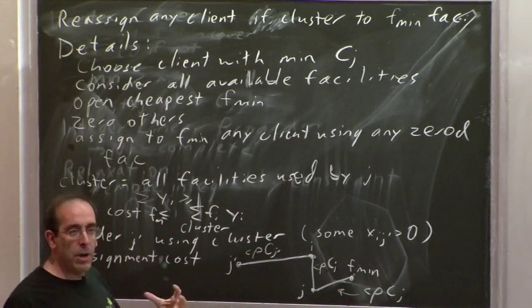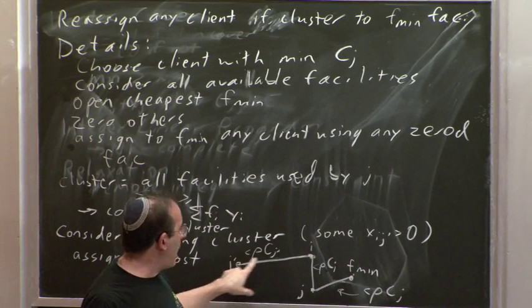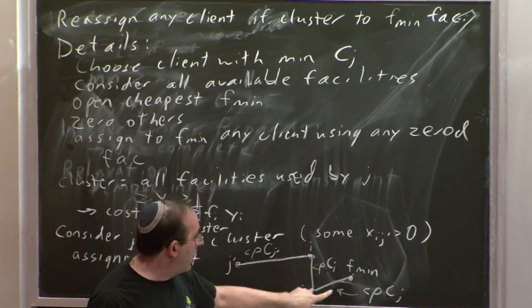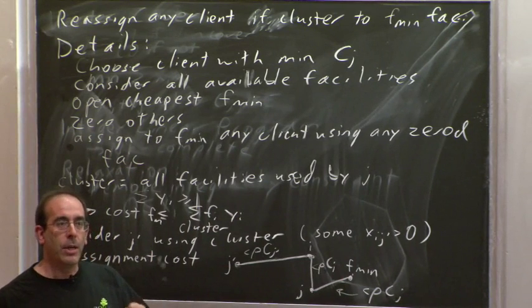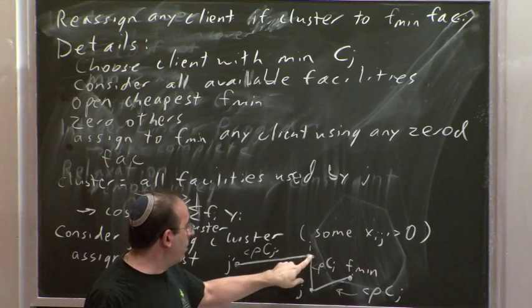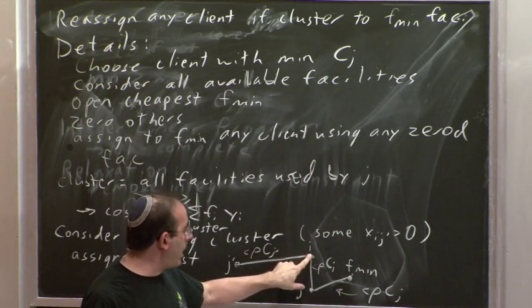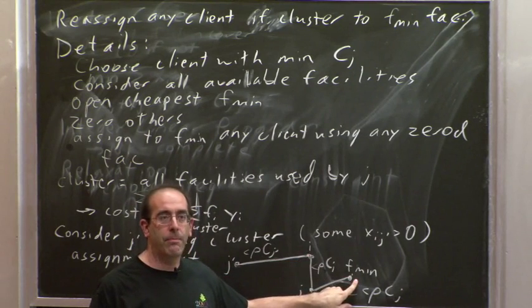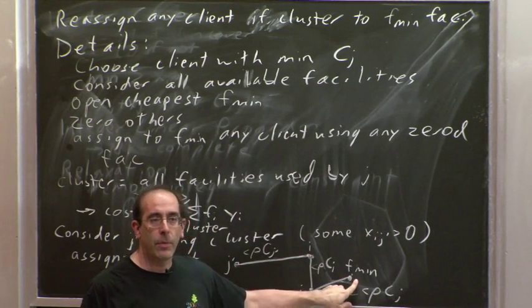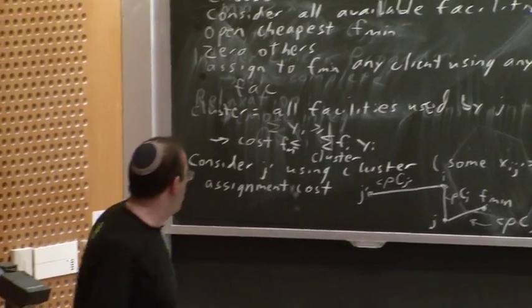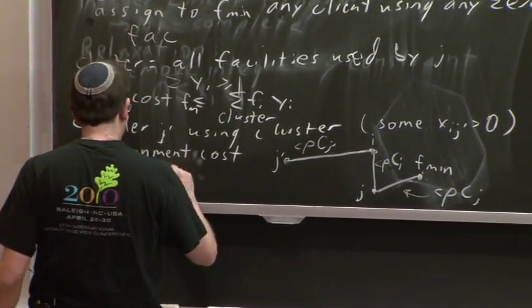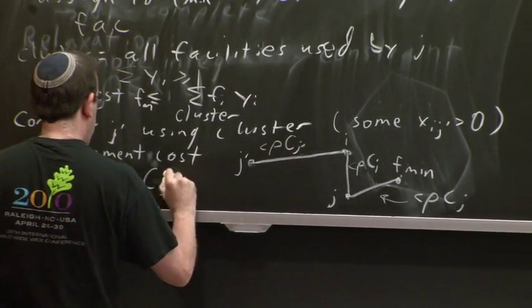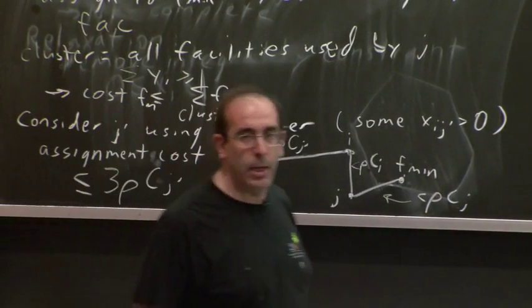So at worst, we took this single copy of cj prime and turned it into 3 copies of cj prime. And this is where we're using the metric property: if I'm close to I, then I must also be close to fmin. So the total cost is in fact less than 3 rho times cj prime for assigning that other client j prime.